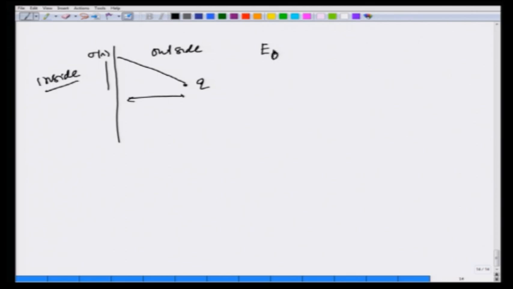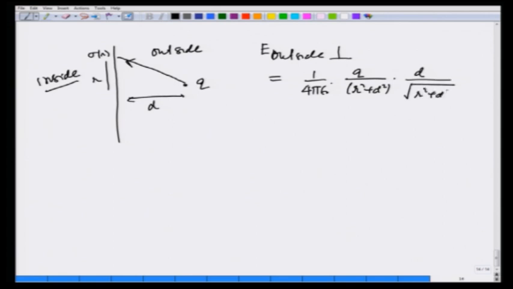E outside is going to be, this q gives a field in this direction, its perpendicular component is going to be 1 over 4 pi epsilon 0 q over r square plus d square is the field, and its z component or the perpendicular component is going to be d over square root of r square plus d square, which is equal to 1 over 4 pi epsilon 0 q d over r square plus d square raised to 3 by 2.